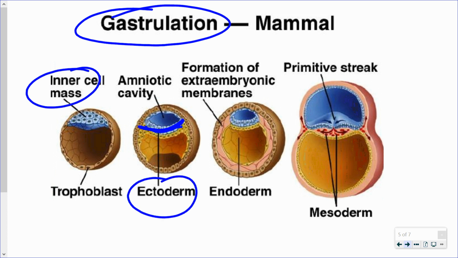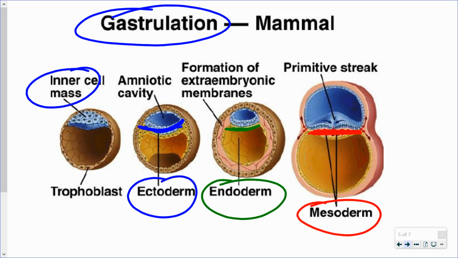This one shown right here is the endoderm, so they're initially adjacent to each other. And then eventually a third one is going to form. This one is going to be in the middle, and this one is going to be the mesoderm. So these three different germ layers are formed through this process of gastrulation.